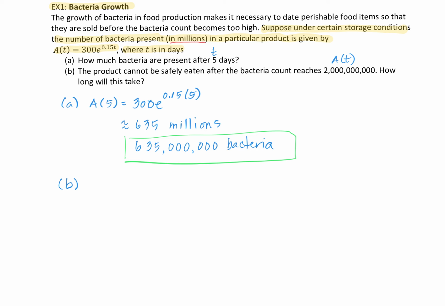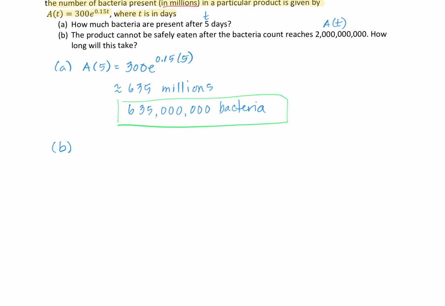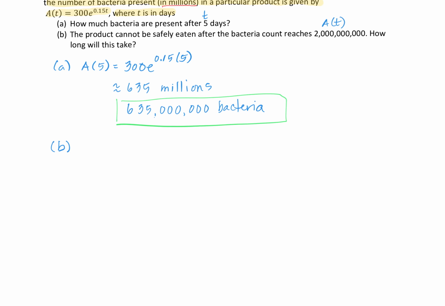But remember, we're writing A of t, or the amount, in millions. So when we talk about 2 billion, that's going to be 2,000 million. So you may have to adjust units. And we want to find the time that the amount reaches 2,000 million.